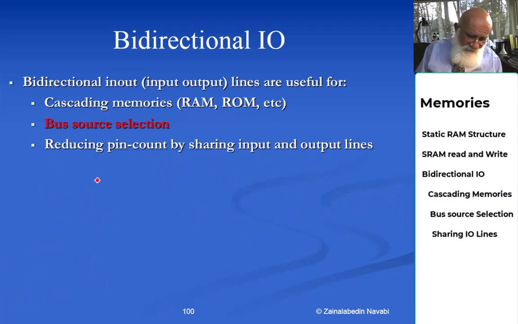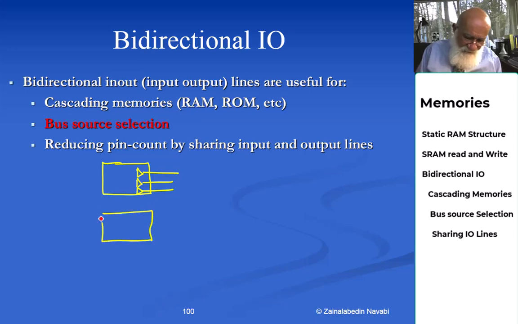I have a device with, now we are talking about 3-bit devices, just so that we have a small enough example here. Okay, I have a device that has 3 output lines. This is device 1, this is device 2.